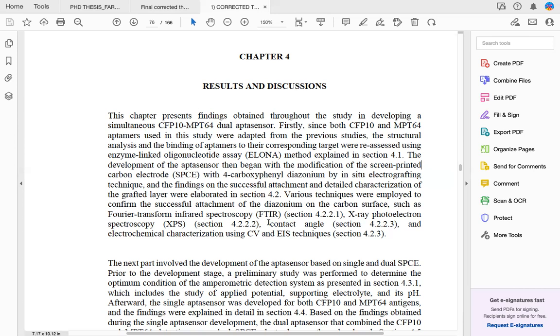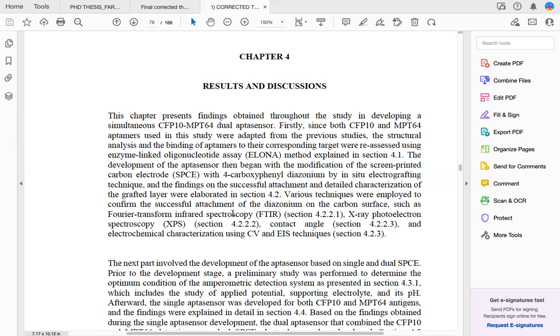Let's say in future you want to do surface characterization, meaning you have done some chemistry on the surface and you want to confirm that the modification happened. So these are the characterizations that you can do to confirm. One is, of course, FTIR, because we know FTIR can identify functional groups.